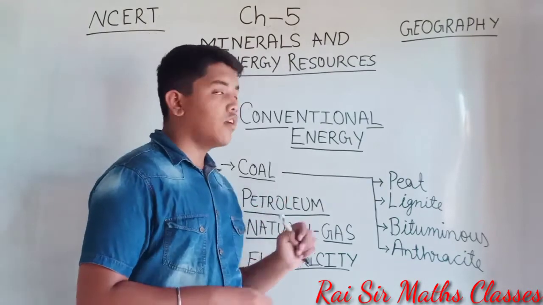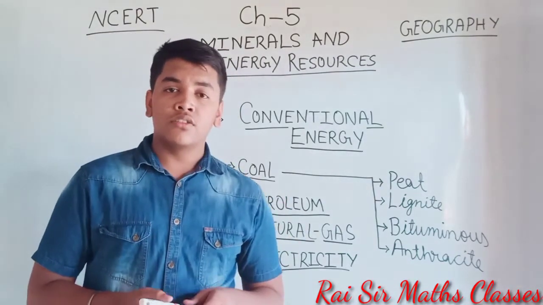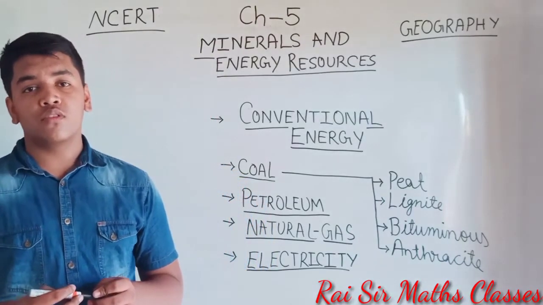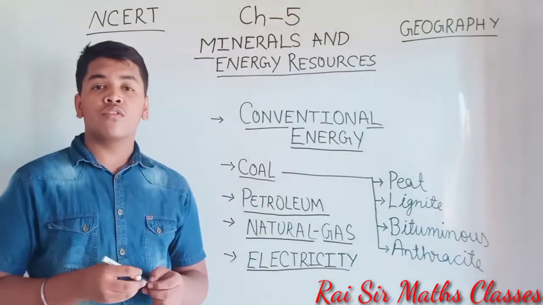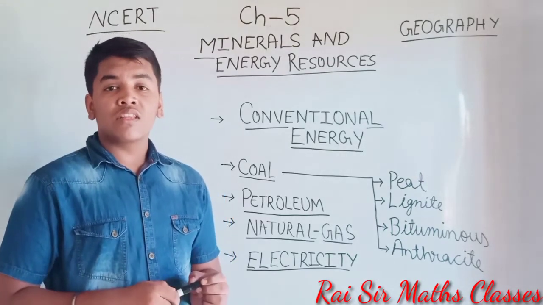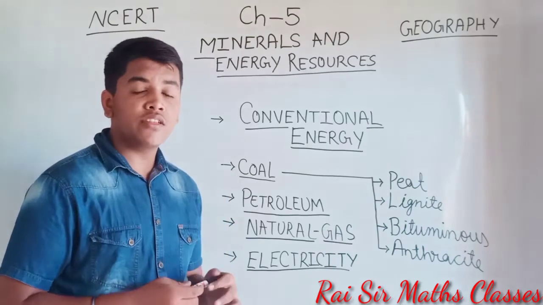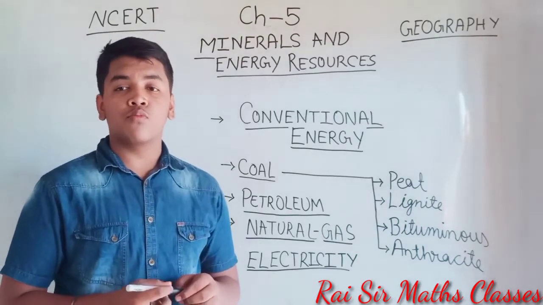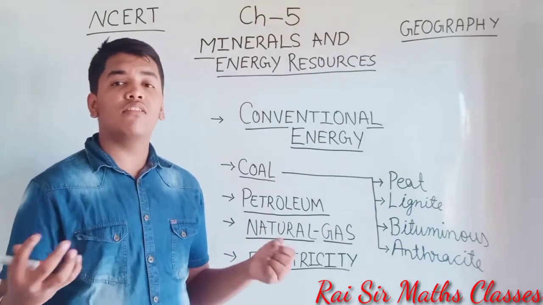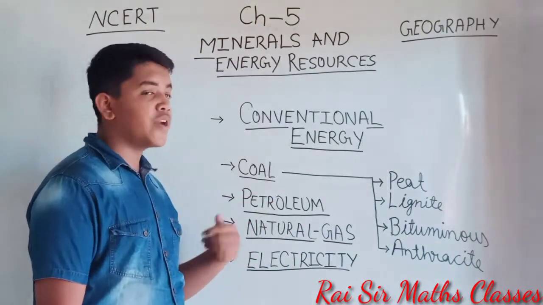So what are the uses? We can use it for running vehicles. We are using stoves, so petrol, or a kind of petroleum, that is kerosene, is used. They are also used for running ships, aeroplanes, aircraft carriers, etc. All kinds of vehicles basically run on petroleum.